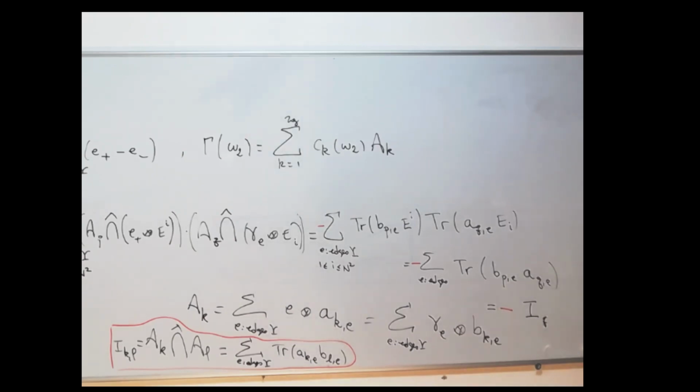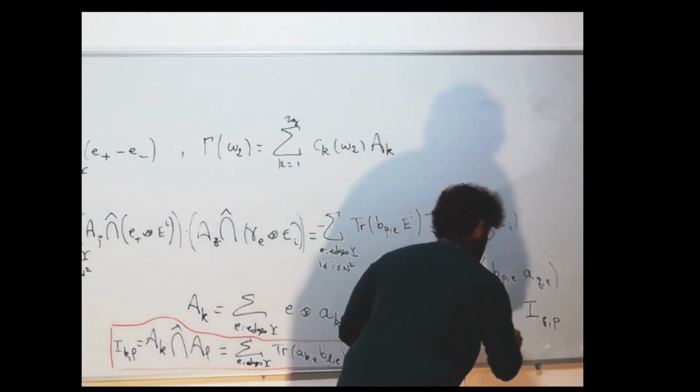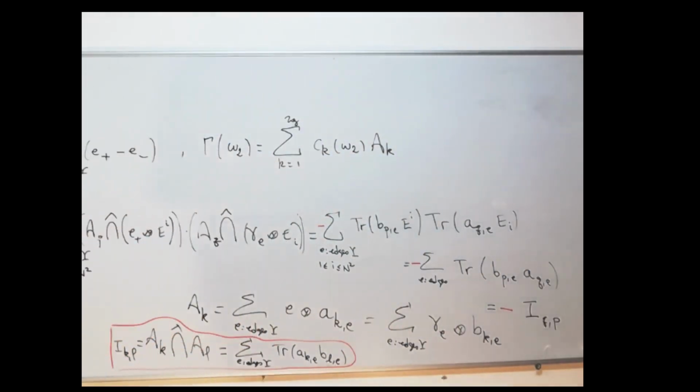Okay, so PQ, KL, okay, all right. So now KL, okay, so Q and P. So now I think I still got this sign wrong.